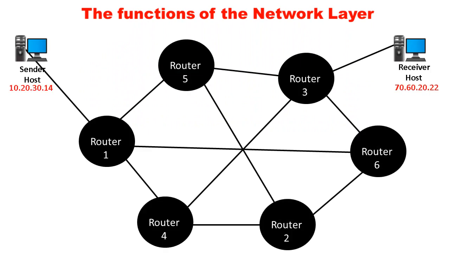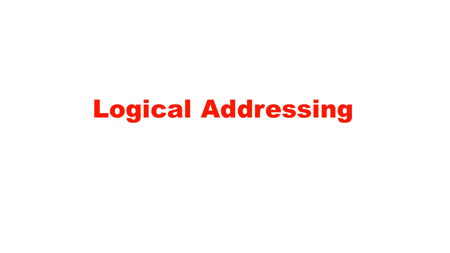Let us understand routing. It is the most important function that is performed by the network layer of OSI model, and that is to determine the best suitable route from the source device to the destination device. Another function of network layer is logical addressing.